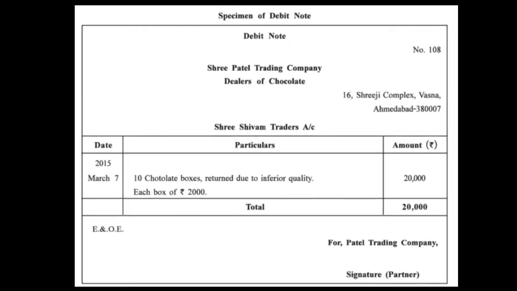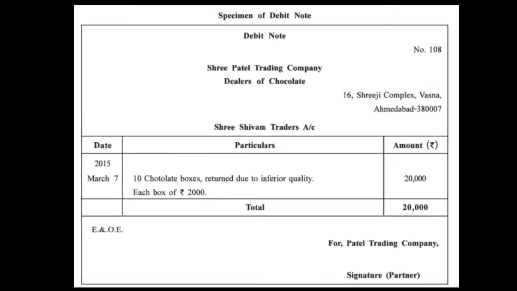Or while returning the goods, a letter or note is sent along with the returned goods showing the amount for which the supplier's account is debited. Such a note is known as a debit note.